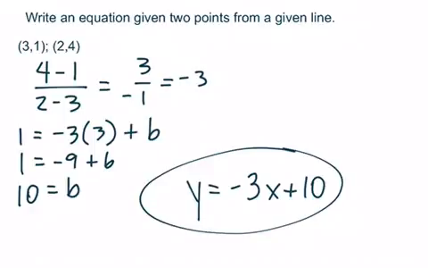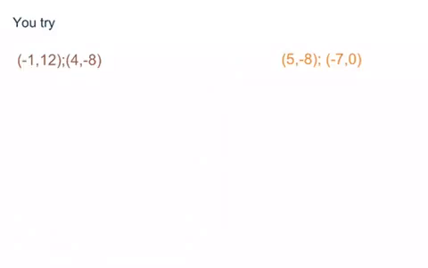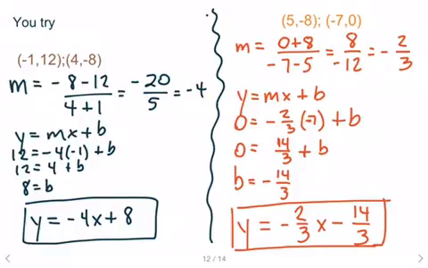All right. Any questions on that? I'll try these two. So what we have here is, with the first one, we have our two ordered pairs. We've got to find our slope to begin with, difference of y over difference of x, in which we end up with a -4.